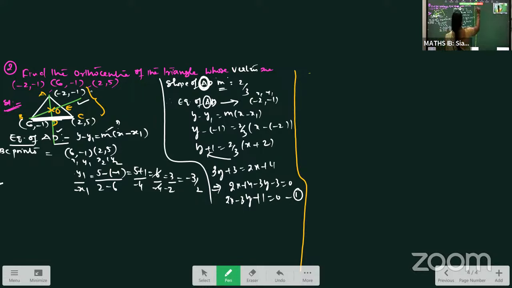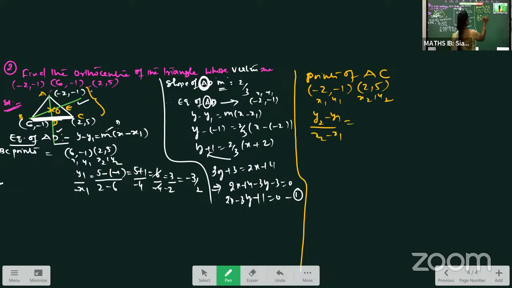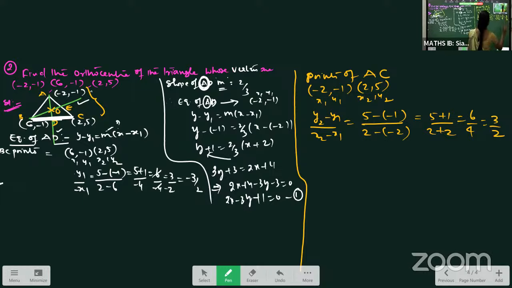So take the points of A and C: -2, -1 and 2, 5 as x1, y1, x2, y2. Then y2 minus y1 by x2 minus x1 is 5 minus of -1 by 2 minus of -2, that is 5 plus 1 by 2 plus 2, that is 6 by 4, that is 3 by 2.